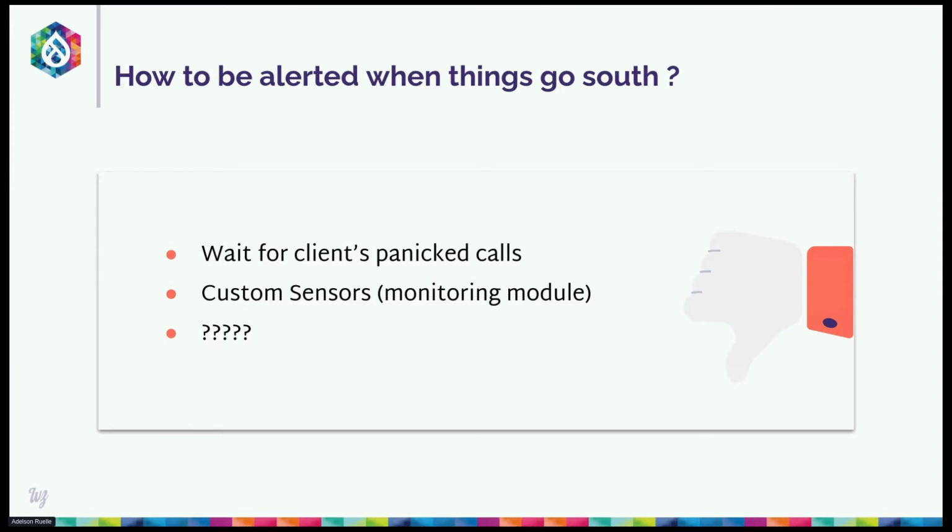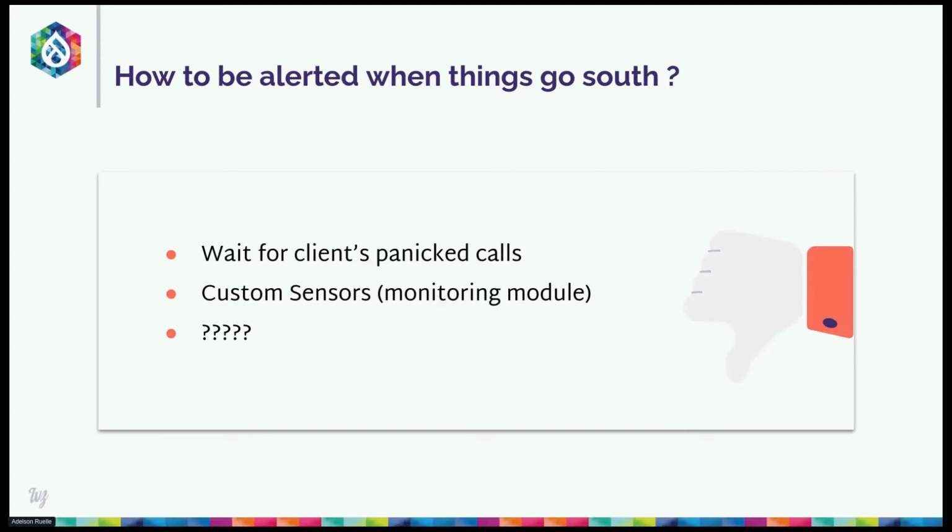So for those of you that don't know the monitoring module, it simply provides you with a plugin system. So you write a custom plugin, or you get one from Contrib, and then it runs the code from the plugin at a scheduled time on cron, and then it alerts you if something goes wrong.